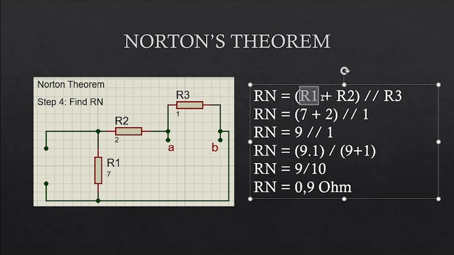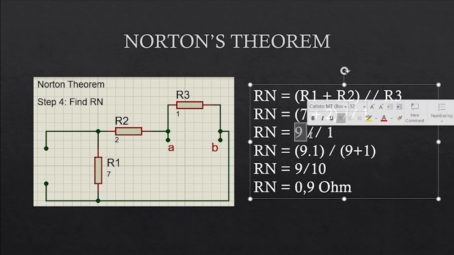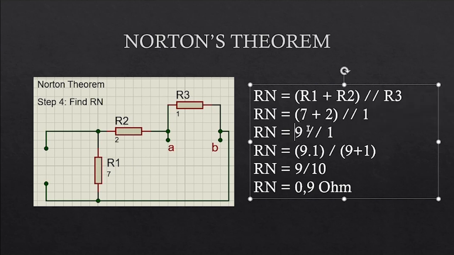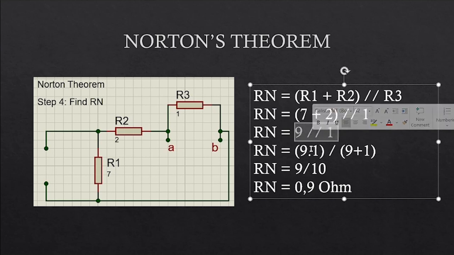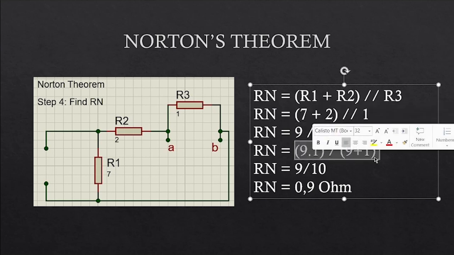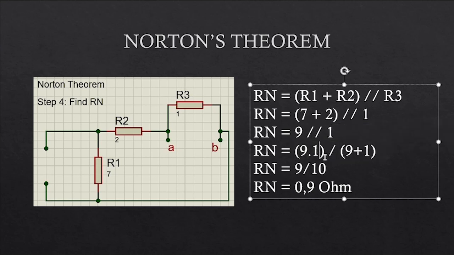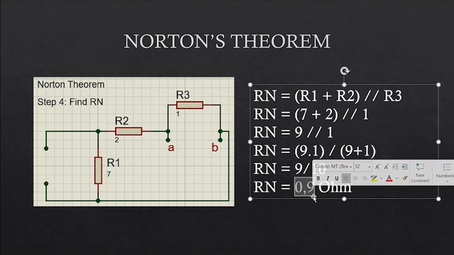So the formula becomes R1 plus R2, in parallel with R3. R1 is 7 and R2 is 2, so 7 plus 2 is 9, and in parallel with 1 here is 9 times 1 divided by 9 plus 1. We got 9 divided by 10, and it is 0.9 ohm.